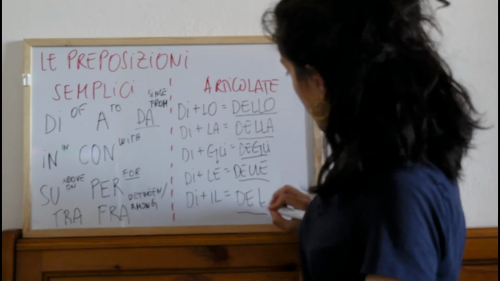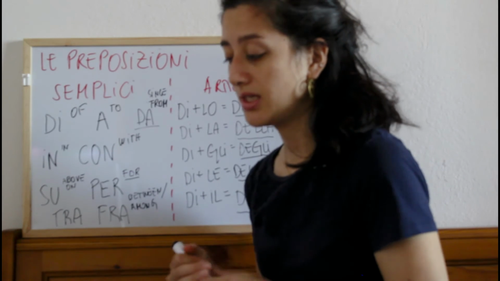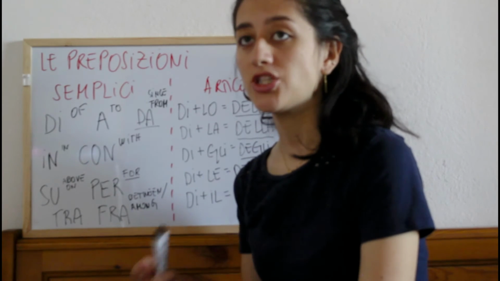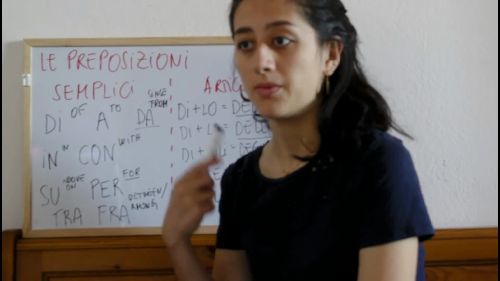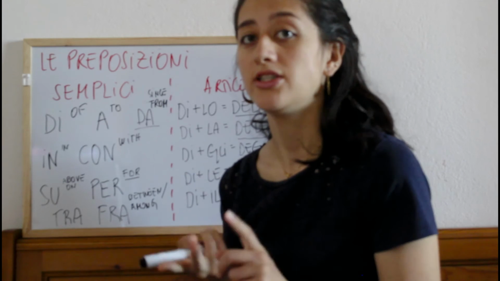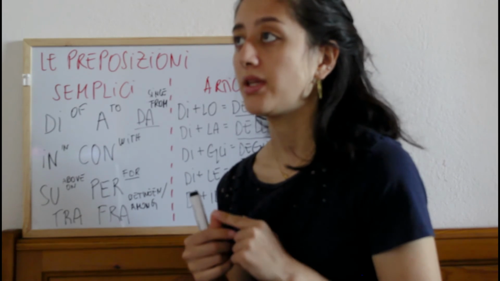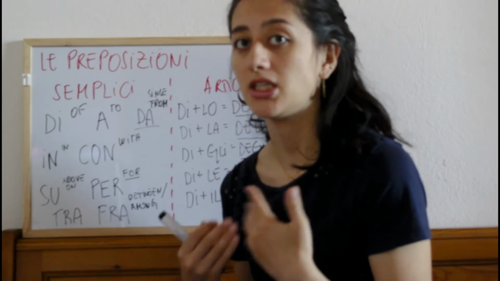So you may imagine that we use dello with the same exceptions with which we use lo and gli. I remind you, with words starting with sp, sk, sh, ny, z, and with plural male words starting with vowels, like amici, innamorati.